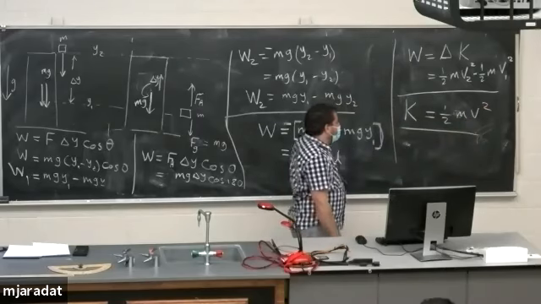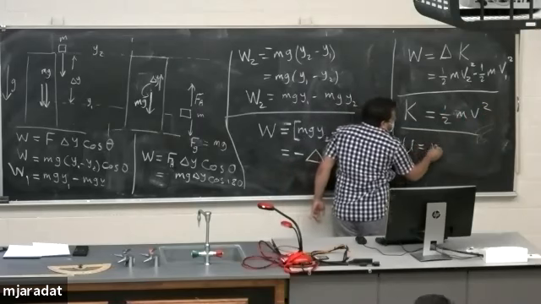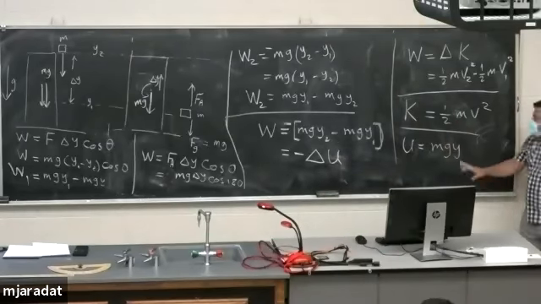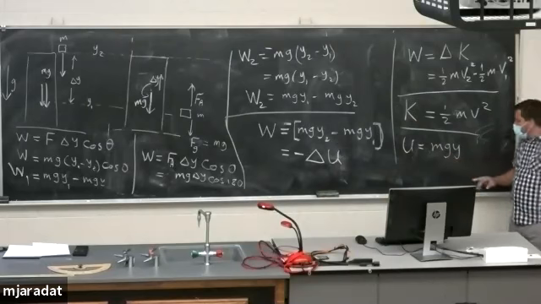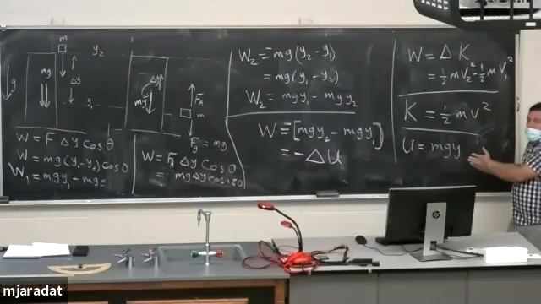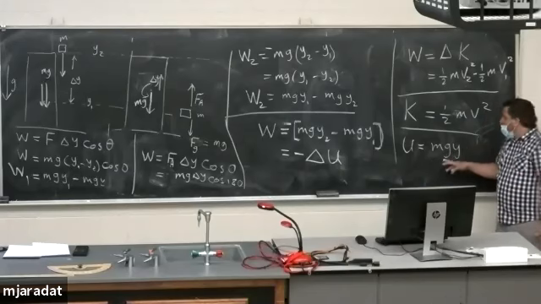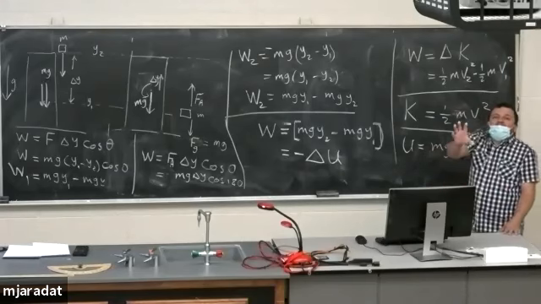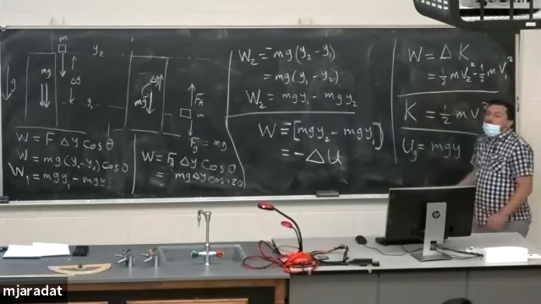Now we need to define the potential energy. U is equal to mg y. Look, we have the mass, the gravitational acceleration, and the altitude. This potential energy comes from these quantities, which are the altitude, the position, and the gravity. Because of that, this potential energy is named the gravitational potential energy. So we will name it UG.